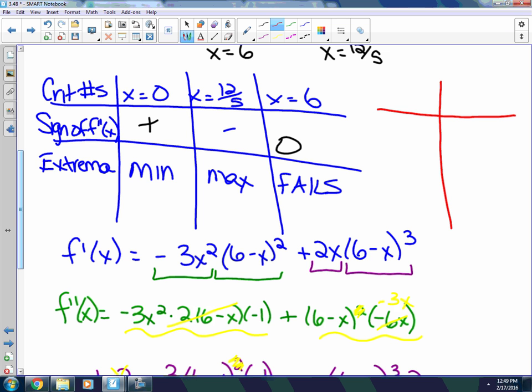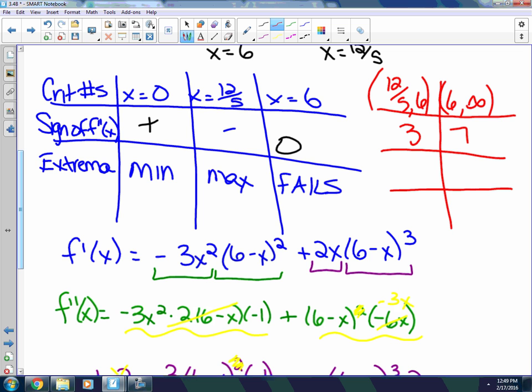Oh. Okay, what are my intervals? Be careful. You got it. Okay, let's pick 3 and 7. Put them into the first derivative, because it's now the first derivative test. 3 into the first derivative, that's negative, positive.